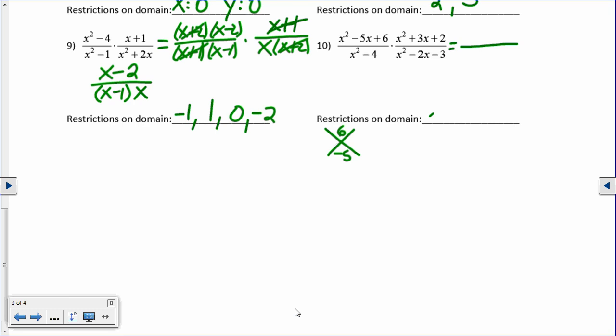Can I use the shortcut for this one? Why? The leading coefficient is 1. The leading coefficient is a positive 1, so I can go straight to x minus 2, x minus 3.